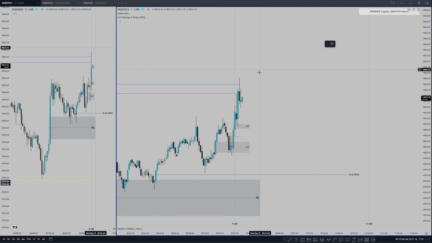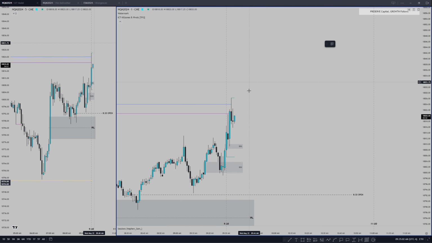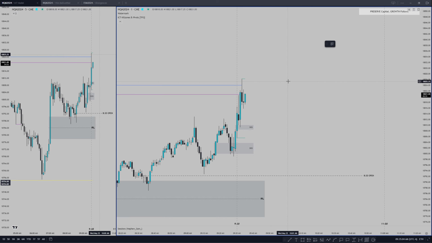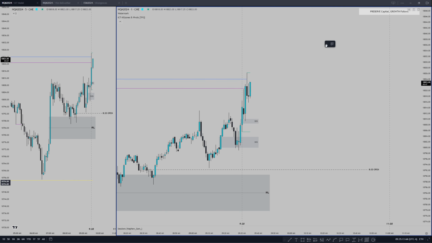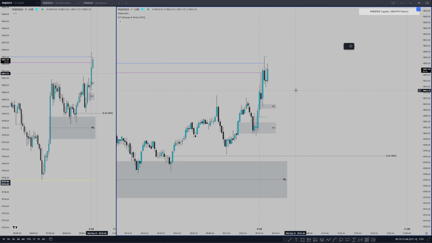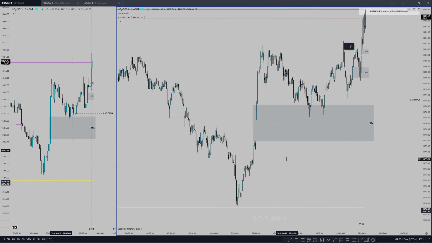If not, and we want to continue, we'll just take it as it is and use fib measurements to take profits, or even just like 20, 40 point partials, the normal stuff. So whenever you get all-time highs, which is, I guess, rare, but you can use fib measurements from the breaker.